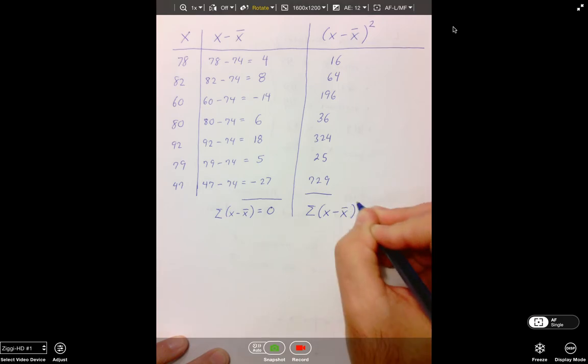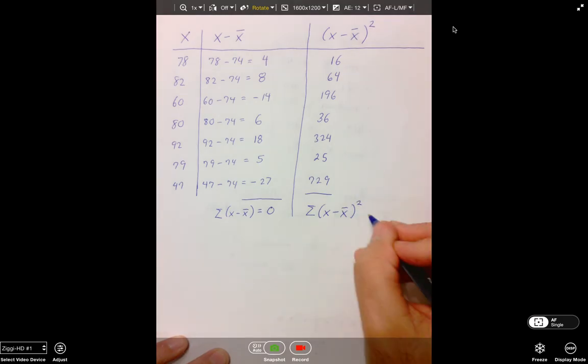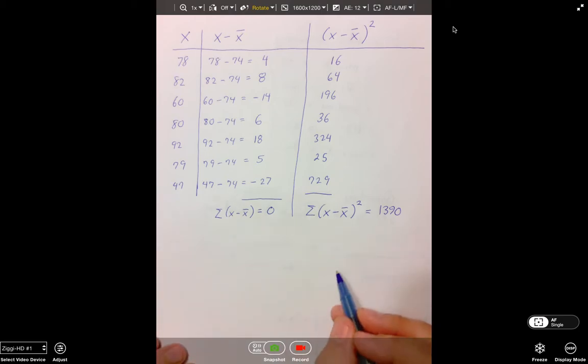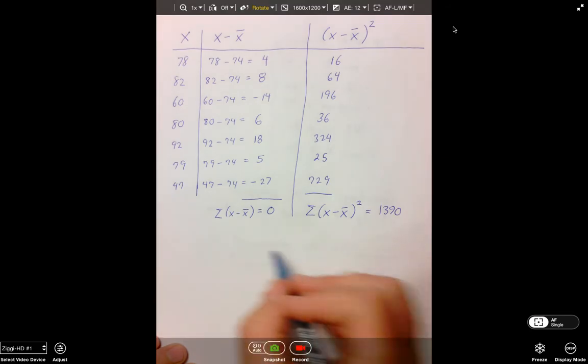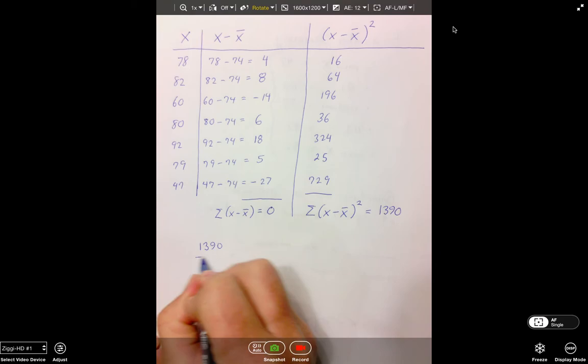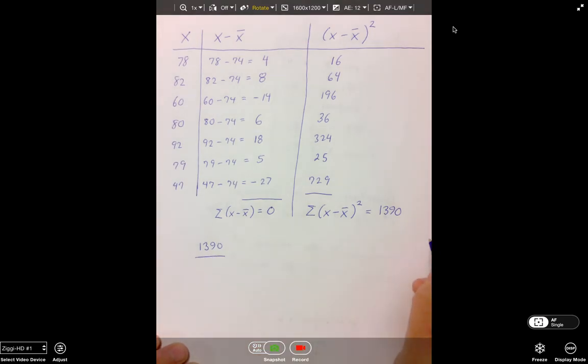So we can say that the sum of the deviation squared, that's a new one, right, is 1,390. Now, what they thought about doing is they thought about taking the 1,390 and dividing it by 7. Well, I'm not going to get into the reason, but they found out that that's really not a good value to create when we're dealing with a sample.